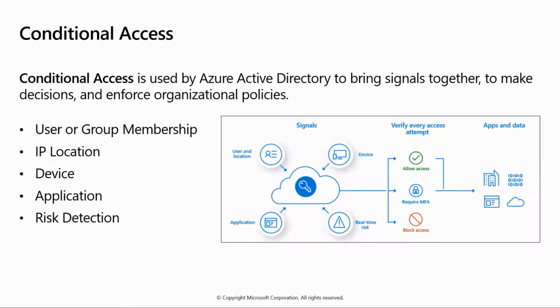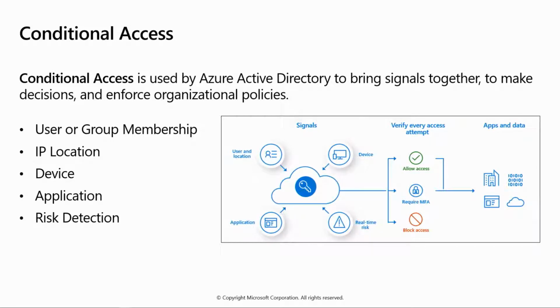Or if a user is not allowed in, they're not authorized to log in from a certain device or a certain location, then you can block that access. So let's say, for example, you have a payroll manager. They want to access the payroll application. Well, they're required to perform multi-factor authentication to access it.